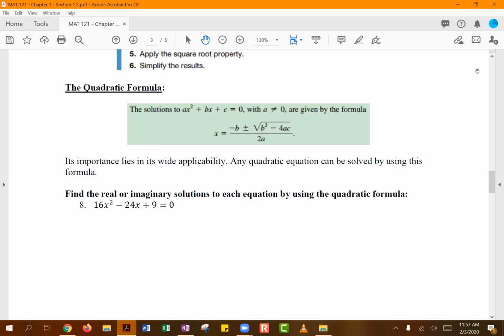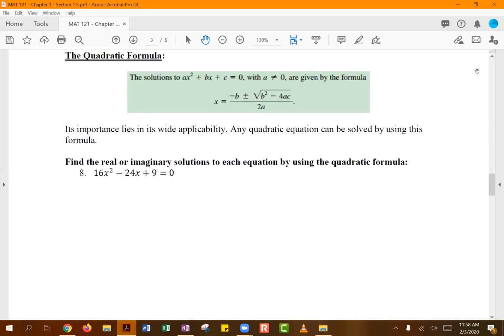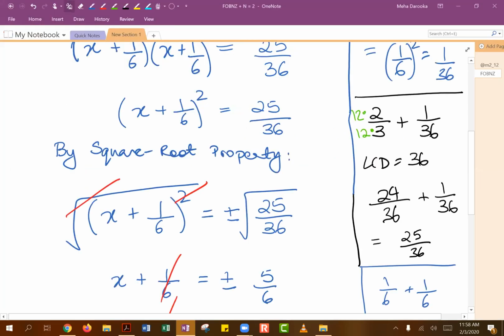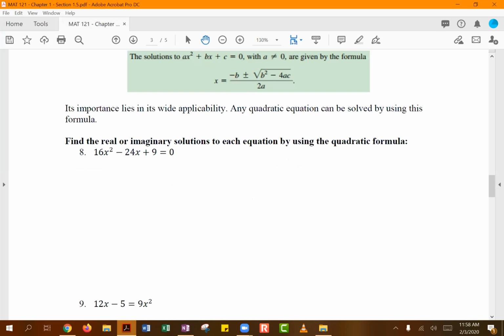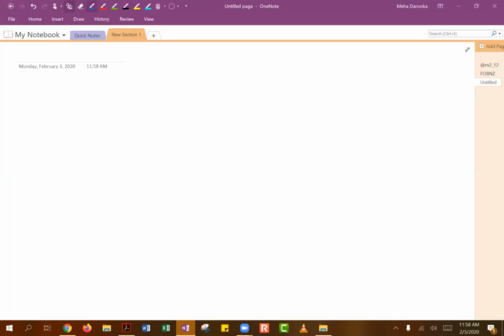And then let's see, this one is given to us in the standard form. You've got 16x squared minus 24x plus 9 equals 0.